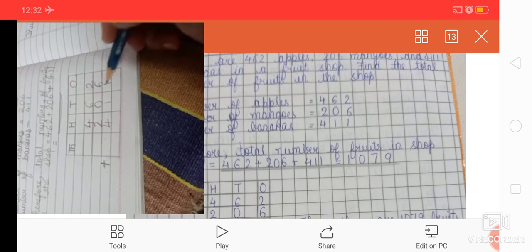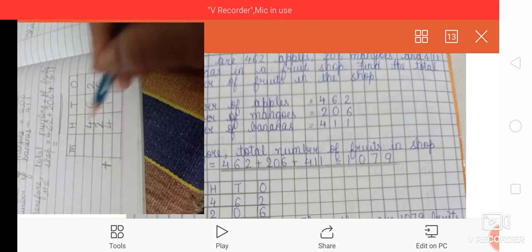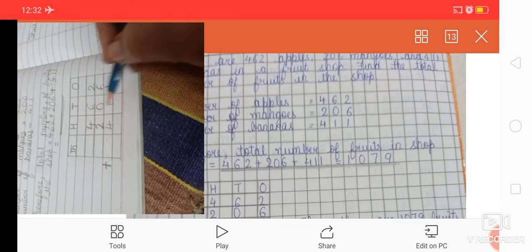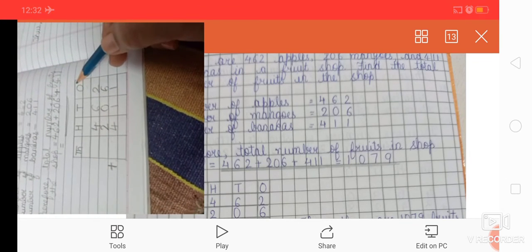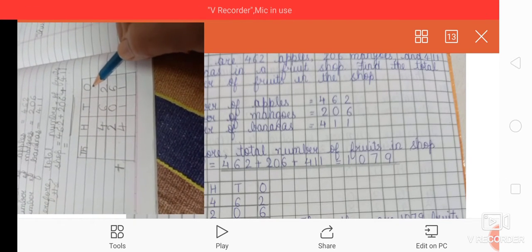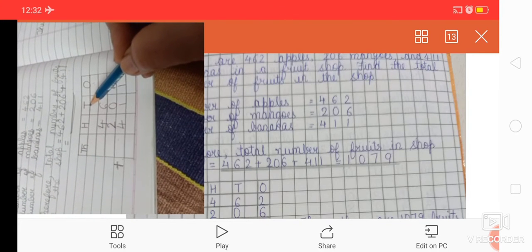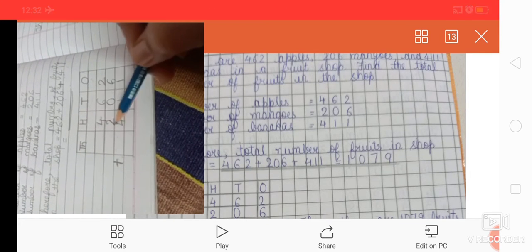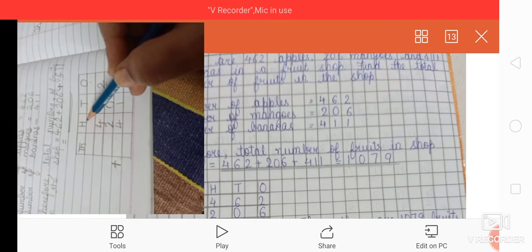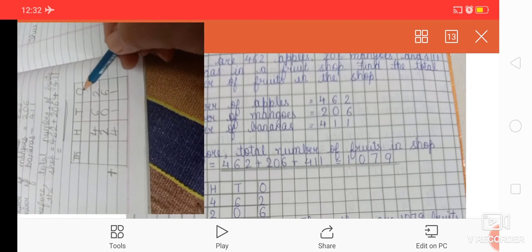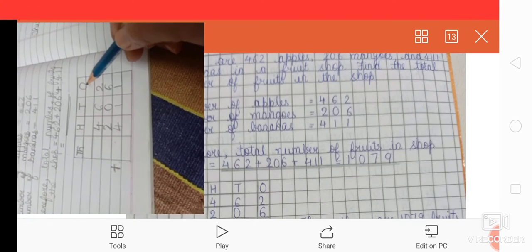Now what do we do? We add vertically, in a standing line. First we add the numbers on the ones place, then the tens place, then the hundreds place.